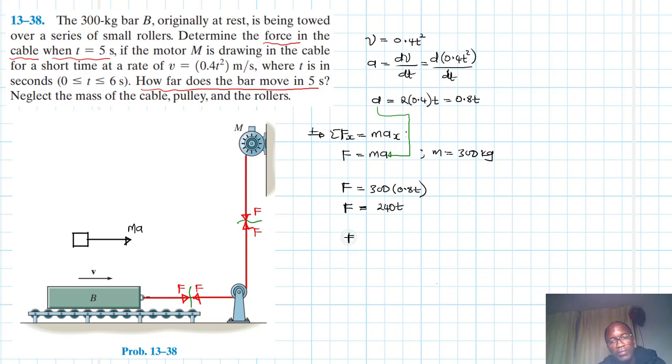All right. So what is F at t equal to 5 seconds? This just gives us 240 times 5.